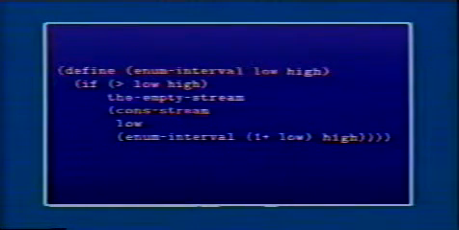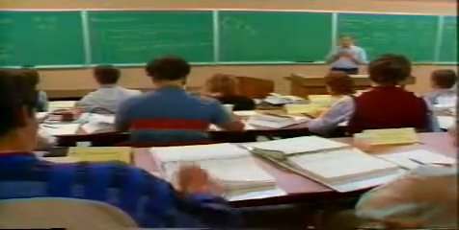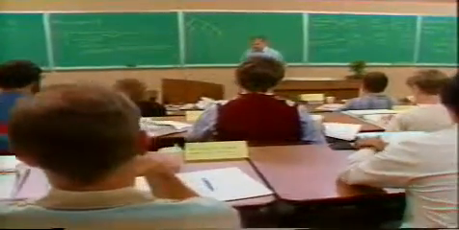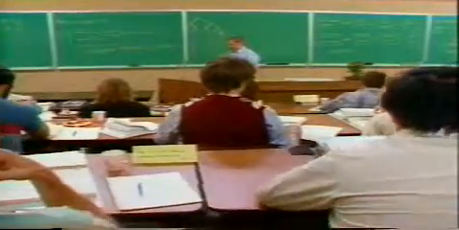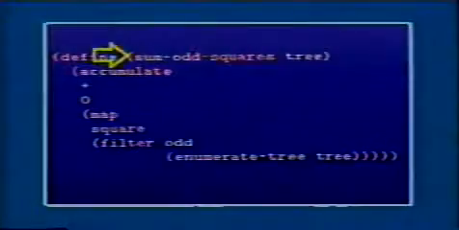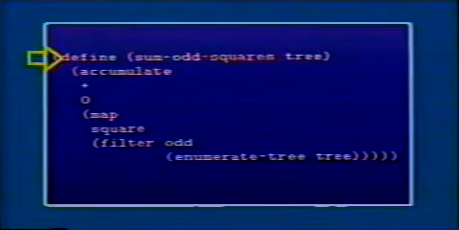Right, so that's a little language of talking about streams. Once we have streams, we can build things for manipulating them. Again, we're making a language. And now we can start expressing things in this language. Here's our original procedure for summing the odd squares in a tree. And you'll notice it looks exactly now like the signal processing block diagram.